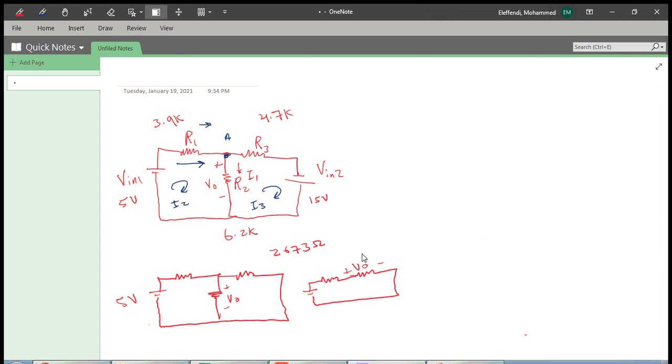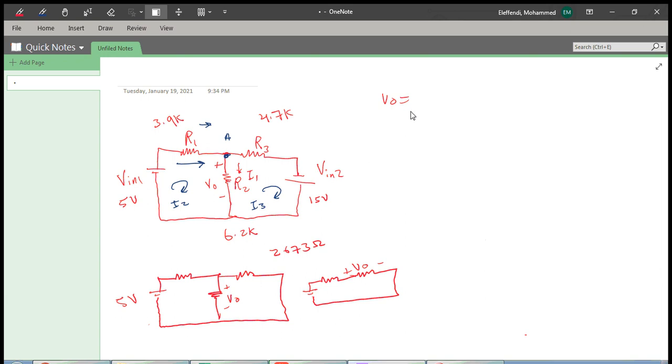So I'm going to take 2673 divided by 2673 plus R1, which is 3900, and I will multiply that by Vs, which is in this case going to be 5 volts. So this will give me V out equals 2.03.